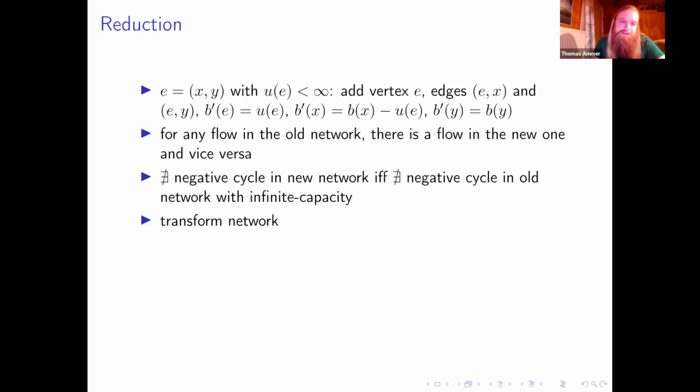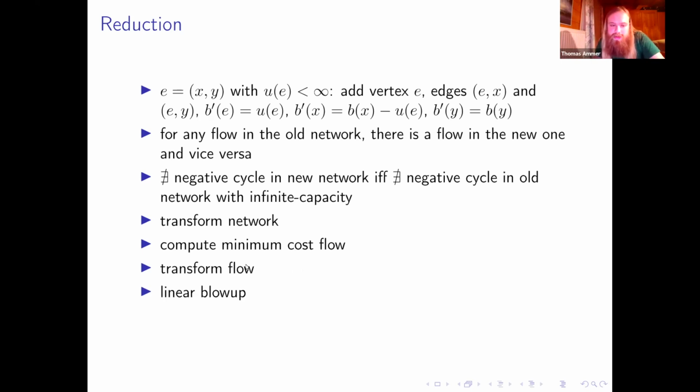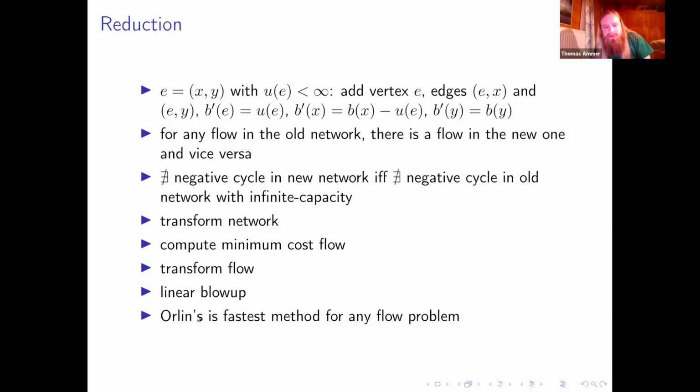Okay, so to solve a flow problem with finite capacities, we need to transform the network. We then compute a flow in the new network, and then the flow is transformed back into a flow in the old network. Okay, the blow-up is linear. One can show that. And this means that Orlin's algorithm is a fastest method for the minimum cost flow problem in general graphs, irrespective of whether the capacities are finite or infinite.